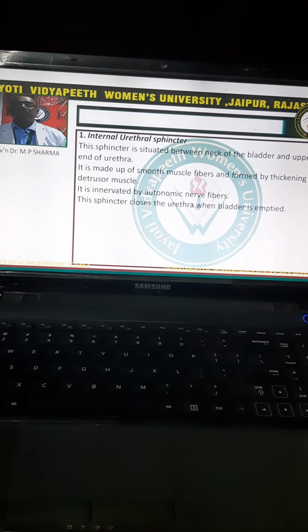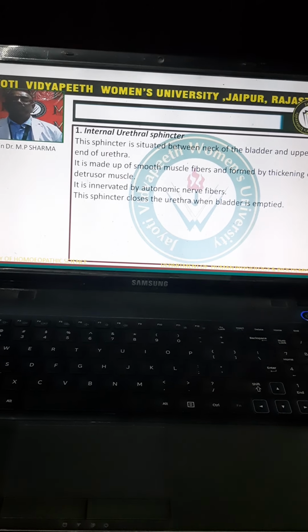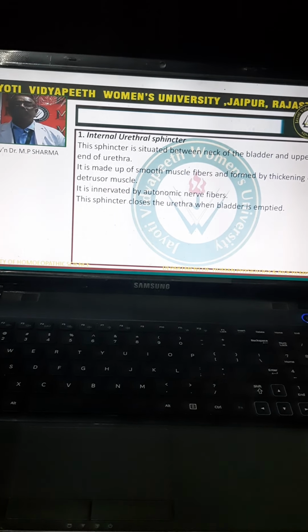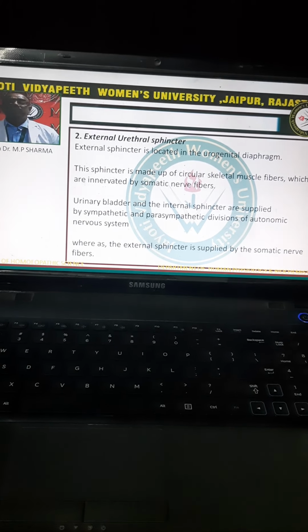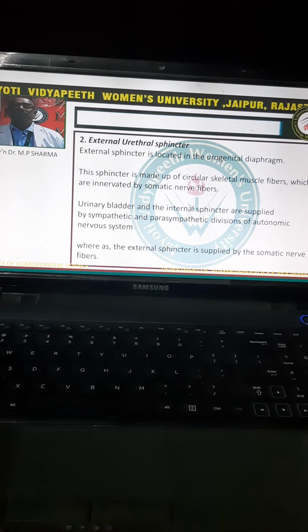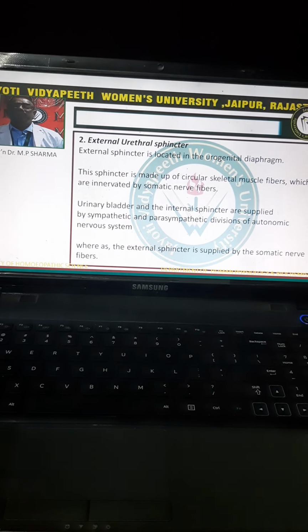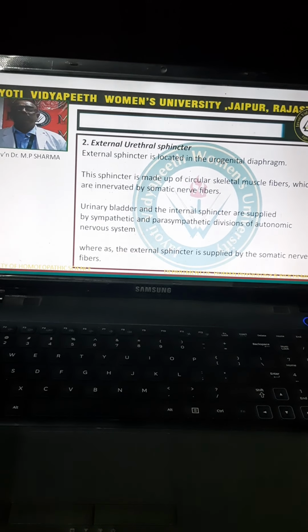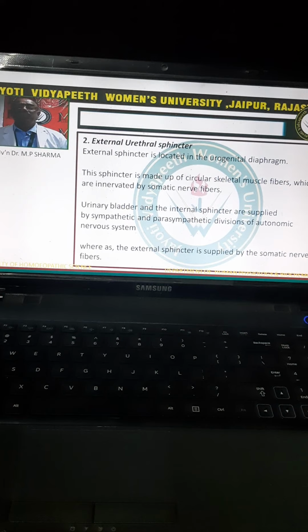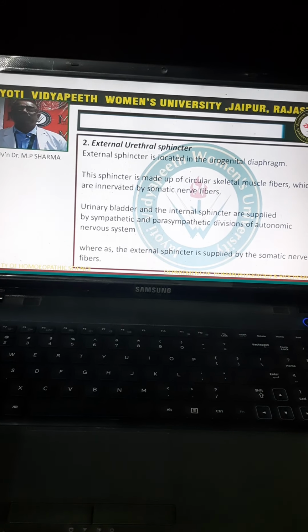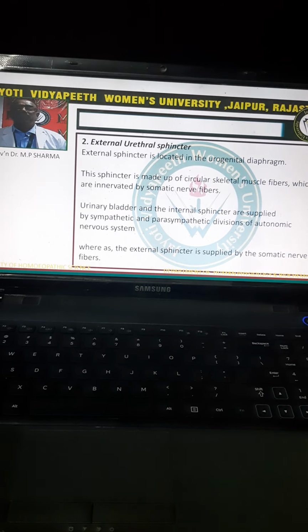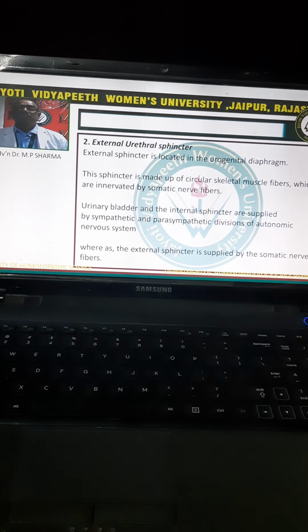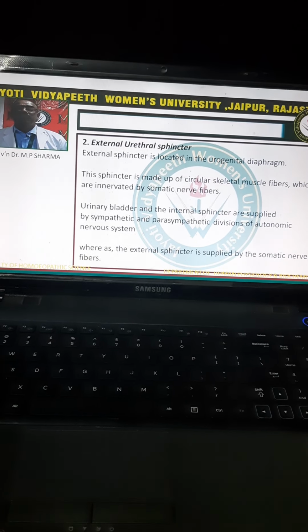This sphincter closes the urethra when the bladder is not emptying. The external urethral sphincter is located in the urogenital diaphragm and is made up of circular skeletal muscle fibers which are innervated by somatic nerve fibers.